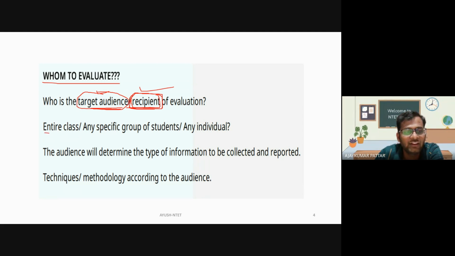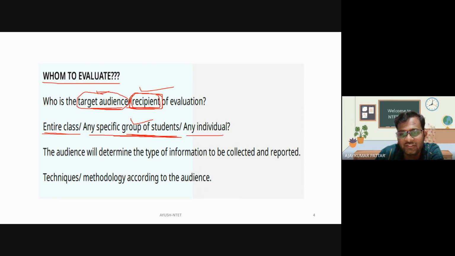Sometimes the evaluation will be done for the entire class or any specific group of students. Sometimes if in a batch of 100 students, only 10-15 students are lagging behind, or if any special condition is there with students, whether they are foreigners or have any other problems, we may make the evaluation of that specific group of students also, or any individual.